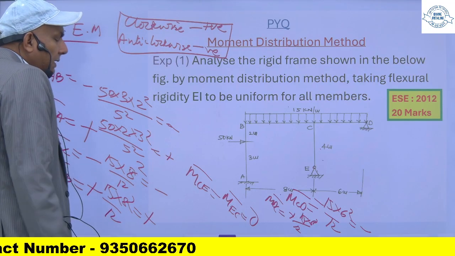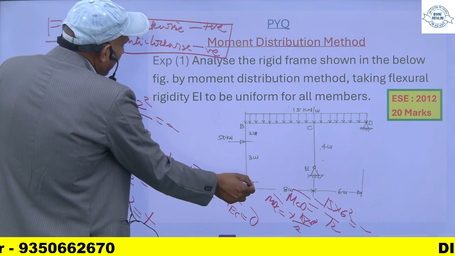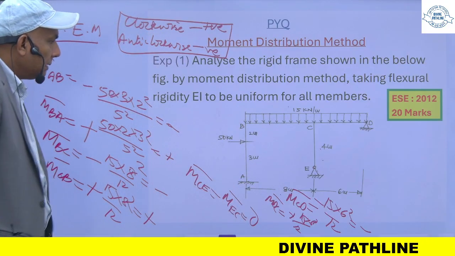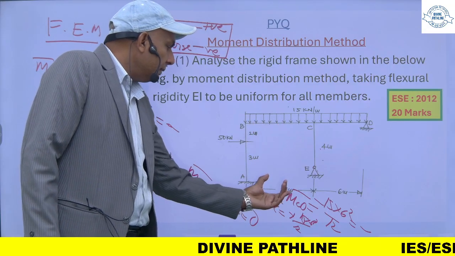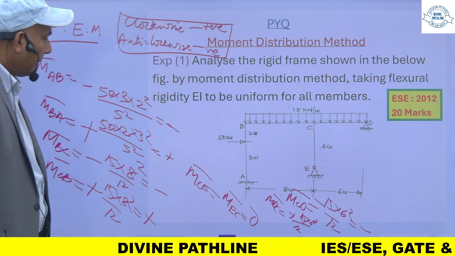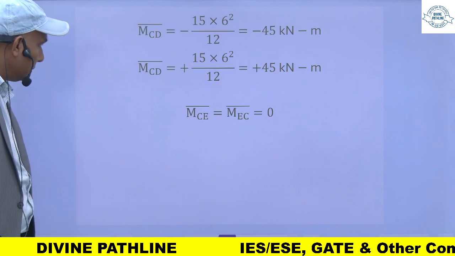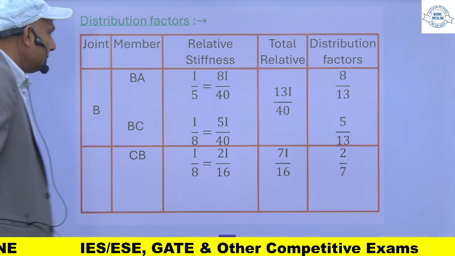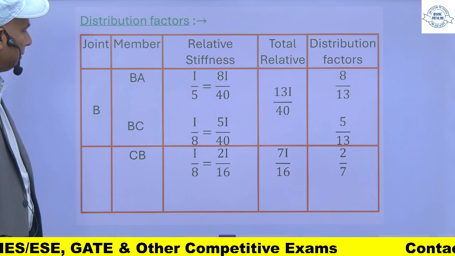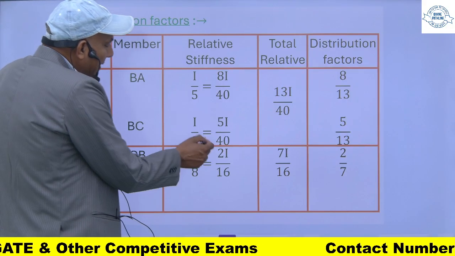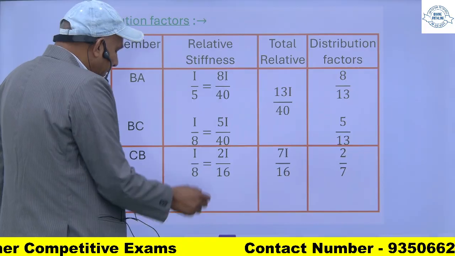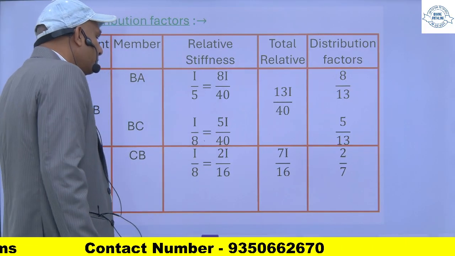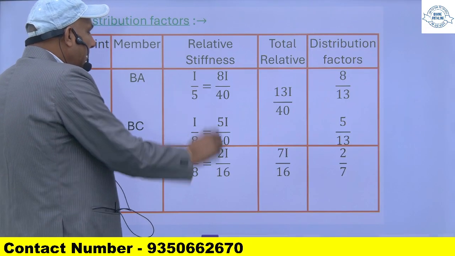So relative stiffness will be I upon L: I upon 5 and I upon 8. I will multiply the numerator and denominator of the first by 8 and the second by 5, so I get 8I upon 40 and 5I upon 40.